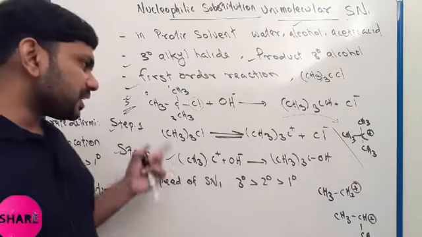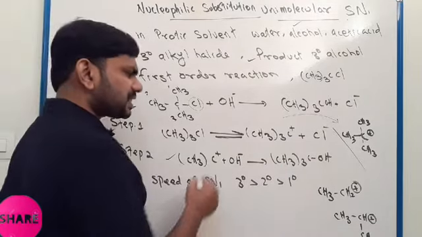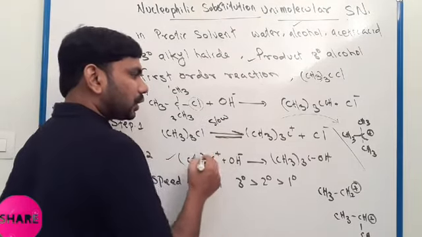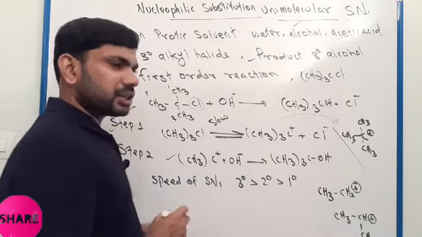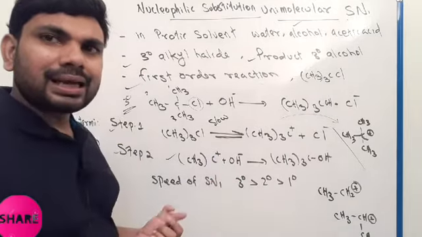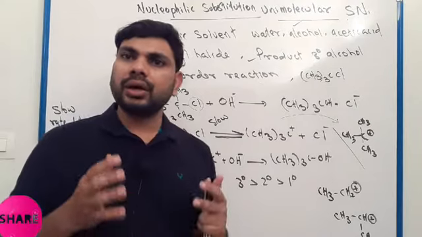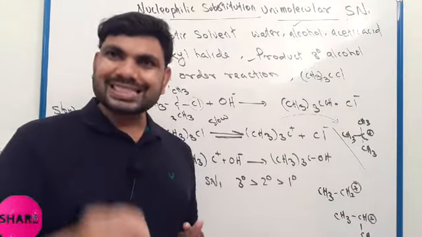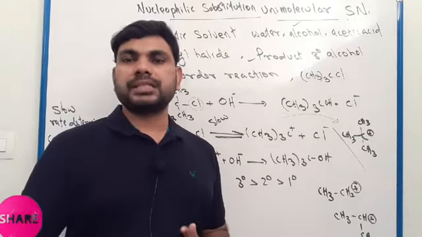Here the first step is a very slow step, slow reaction. Also this is a reversible reaction. In chemical kinetics, we learned that if there are multiple steps, the slow step is the rate determining step.